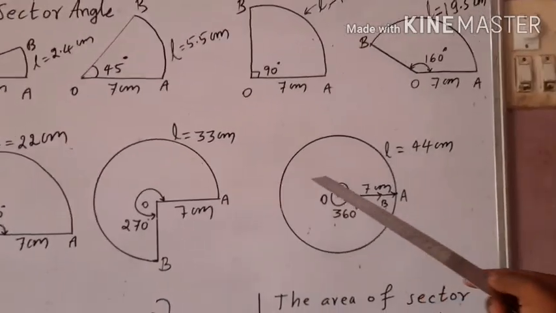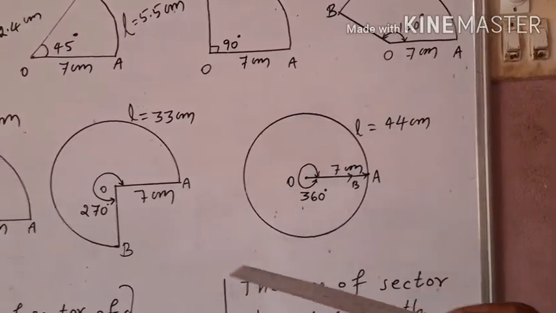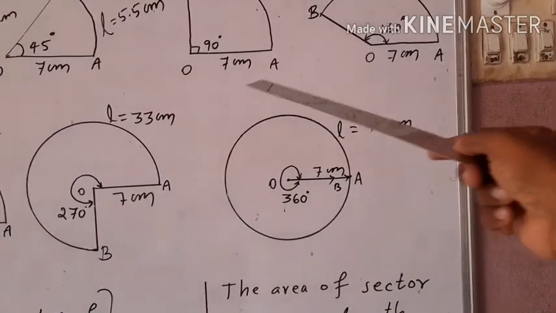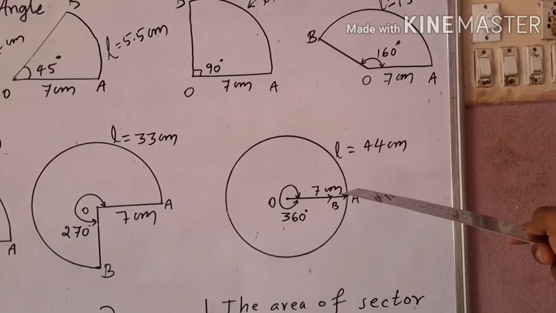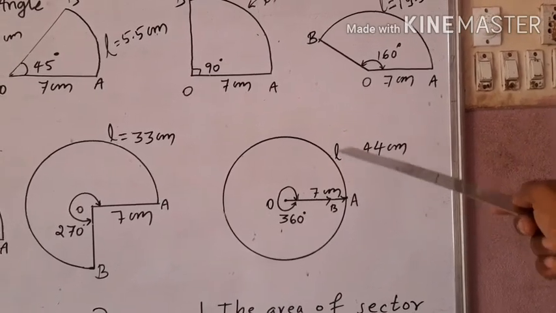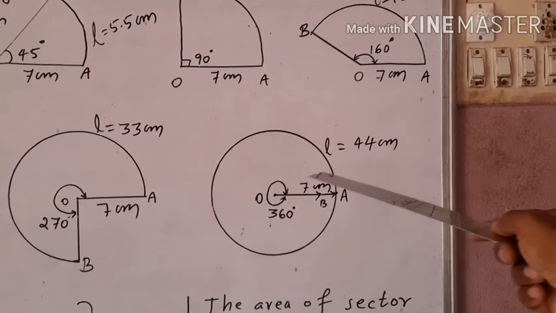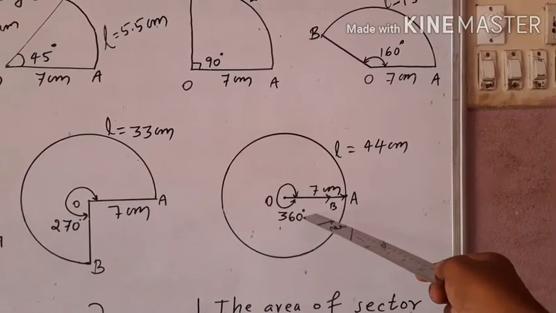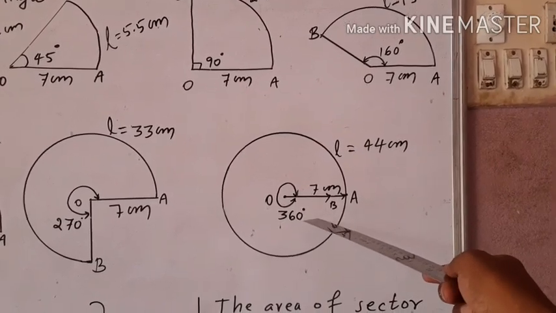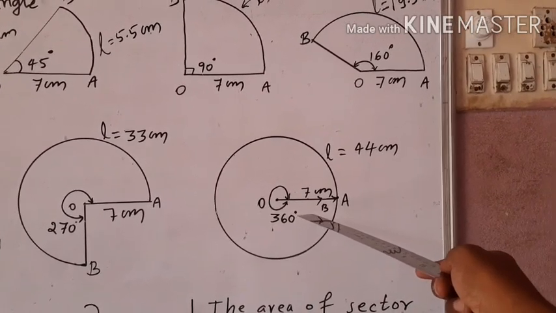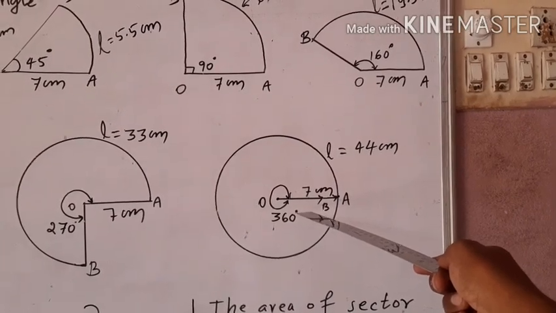And similarly, when you look at this, the length of the arc of this sector is one full circle. That is why its area is more than the previous sectors. And here the sector's area is exactly πr².